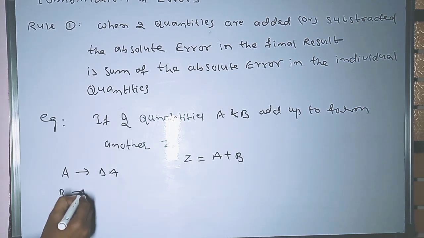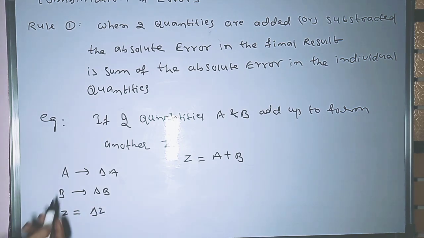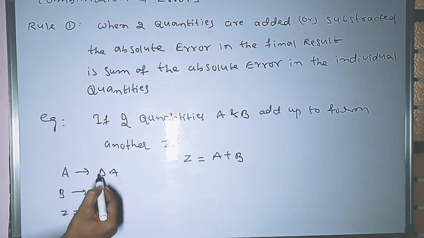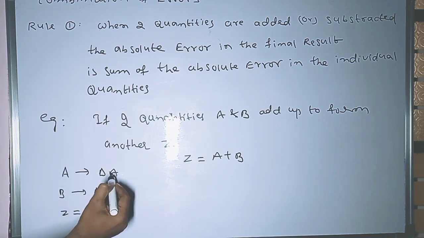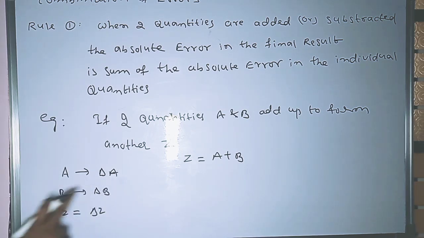B is a quantity, delta B is its absolute error. Z is the resultant quantity, delta Z is the resultant error.